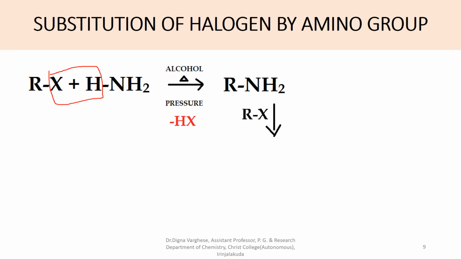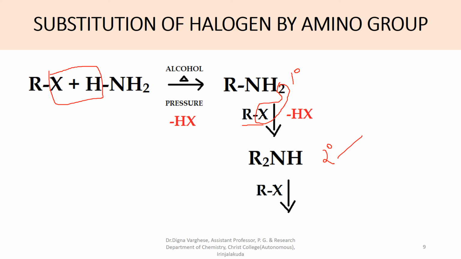Next, it reacts with one more alkyl halide. It will also eliminate one hydrogen atom and a halogen atom, minus HX, forming a secondary amine, that is R2NH.